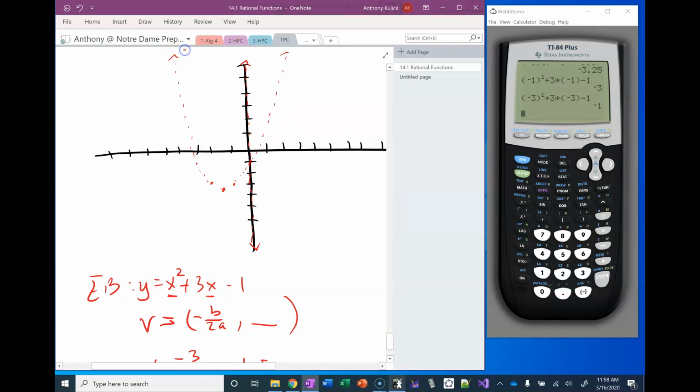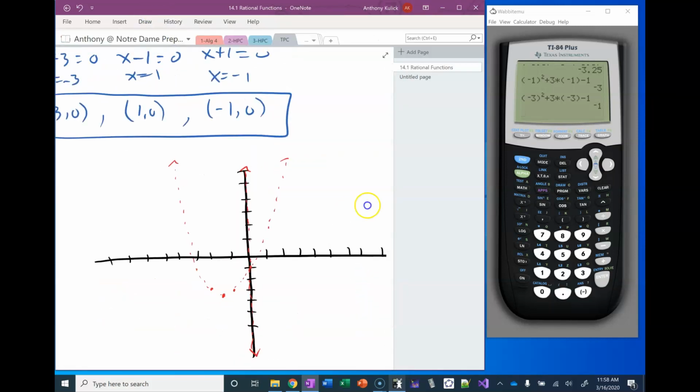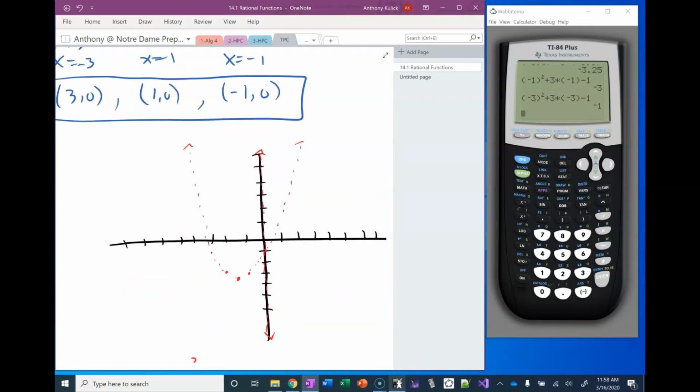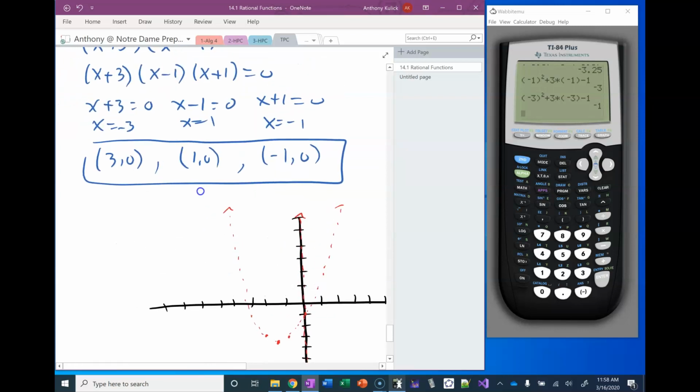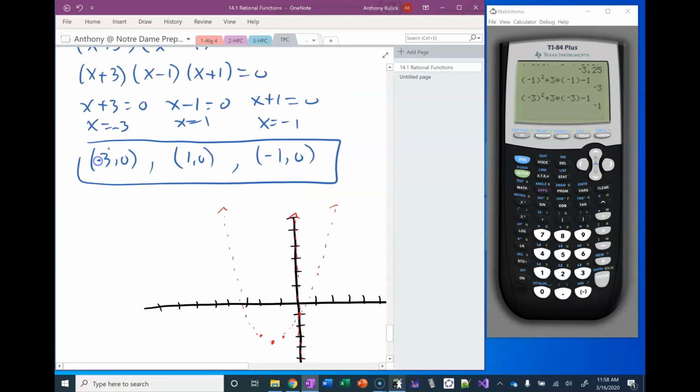So there's my other end behavior. Yeet, that was not pleasant. Next thing I need to do is draw in my zeros here. So I have -3, -1, and then +1.